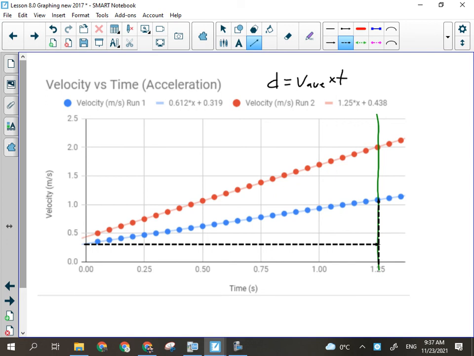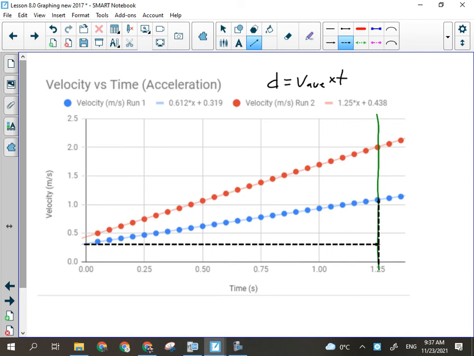So the base of that triangle is still 1.25, but I do not yet know how tall the triangle is. So I need to calculate that. What do I need in order to figure out the height of this triangle? I need to know what y is at 1.25 seconds.